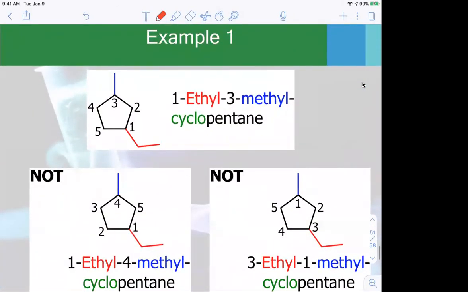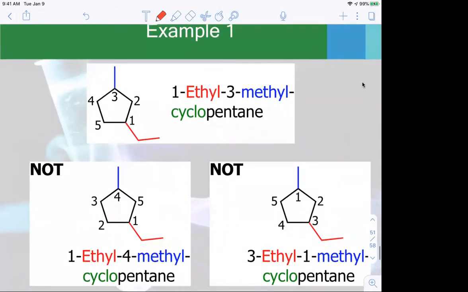If I have more than one substituent, I do have to consider the correct way of numbering. So what I'm going to do here is look at this compound. This actually illustrates a couple of things. If I start numbering, I could have 1, 2, 3, 4.